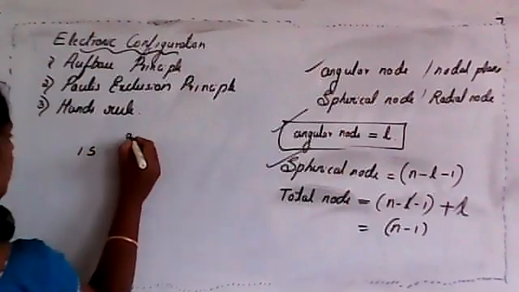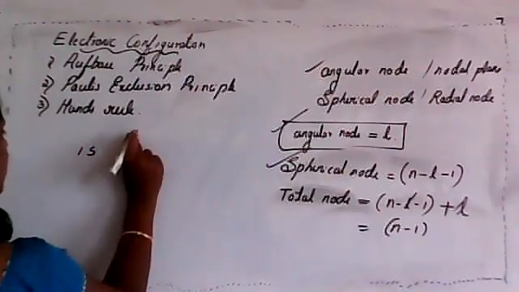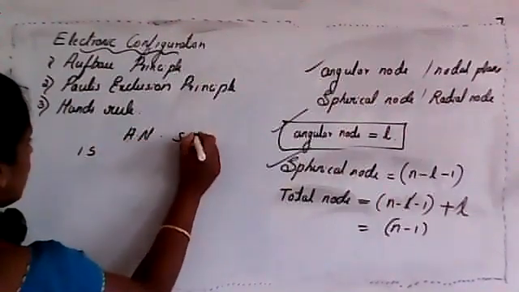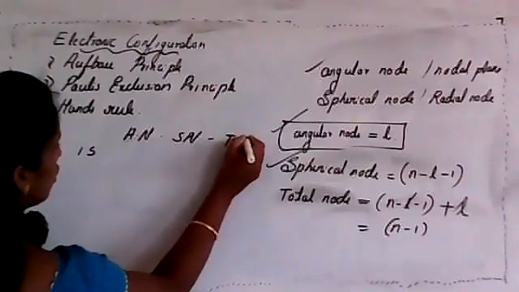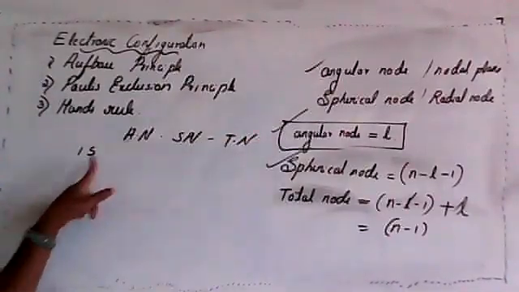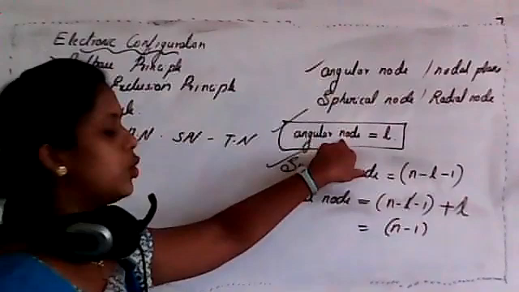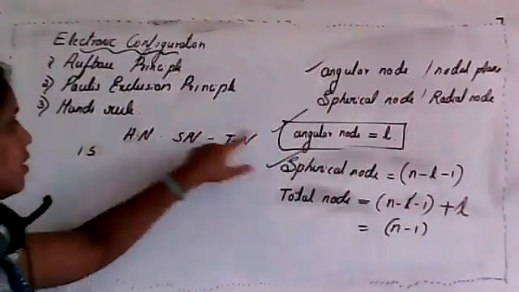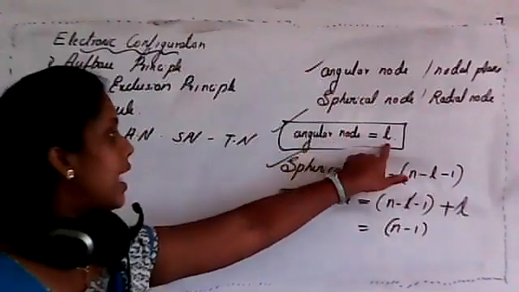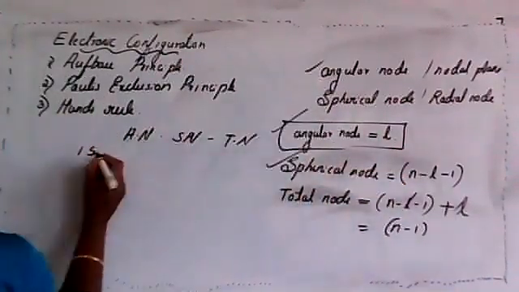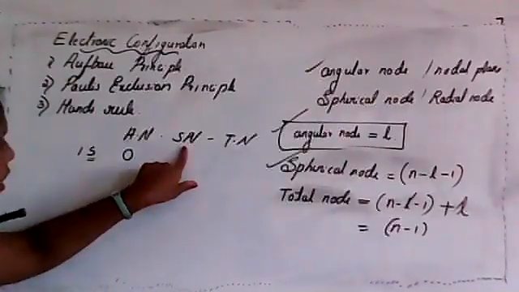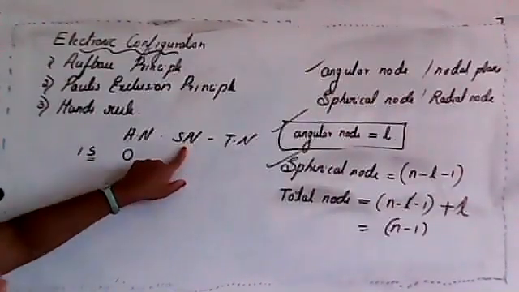Now we will consider the example 1s. We'll take angular node, then spherical node, and the final one, total nodes. For 1s, what is the angular node, students? It is equal to L, yes. For s, L equals 0. What is the spherical node?